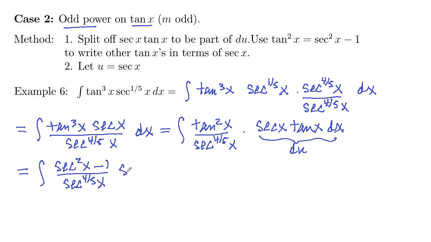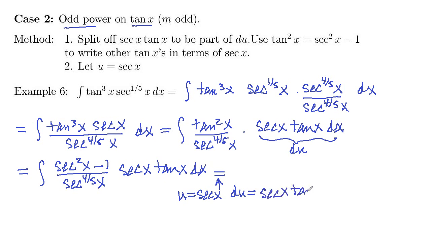And then secant x tan x dx. So now we're actually ready for our u sub. So u is going to be secant x. du will be secant x tan x dx.